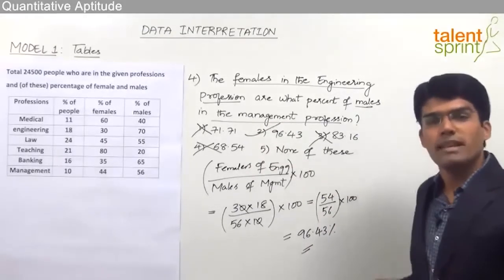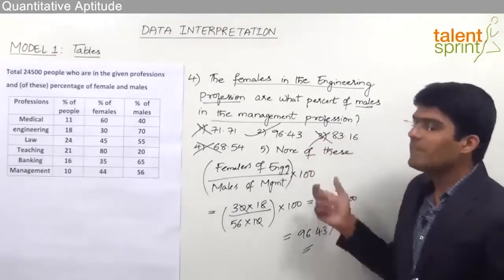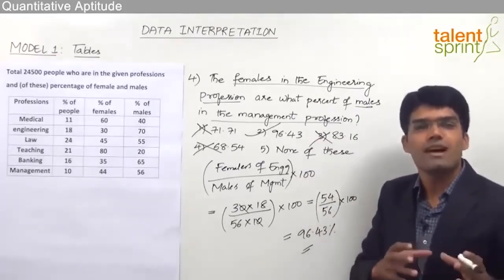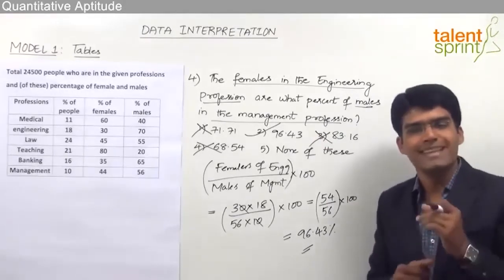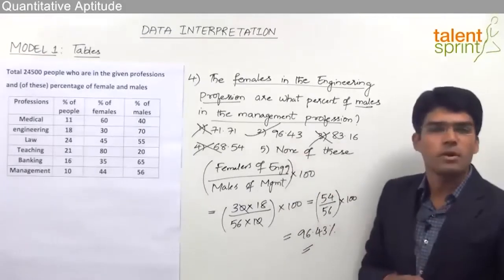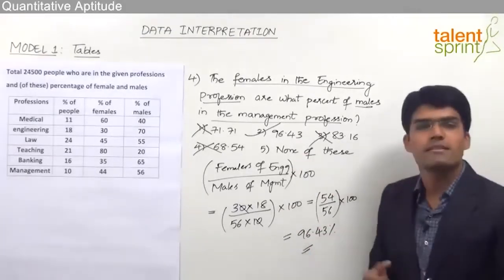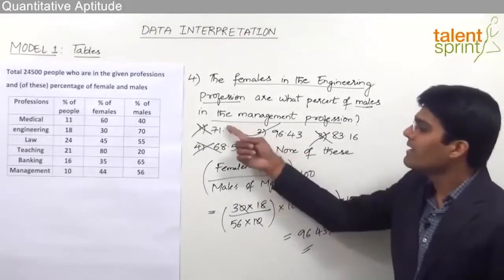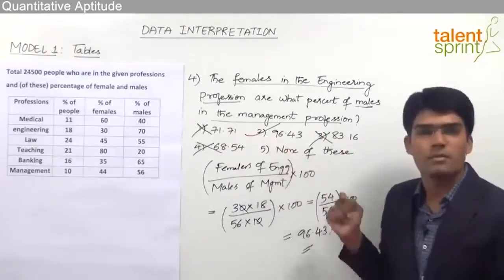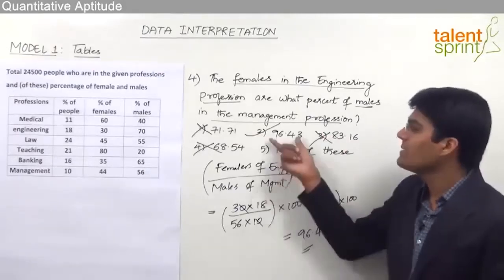But one important point that I would like to mention here is, while solving these questions, if we are running short of time, let's say we are doing this in the last 3 or 4 minutes of the exam, in such situations, it would be better that you directly mark 96.43 as the answer without doing the actual calculation. Why? Because anyway, the remaining 3 options have been ruled out. The answer should either be second option or fifth option. And probably it has to be second option only. Why?